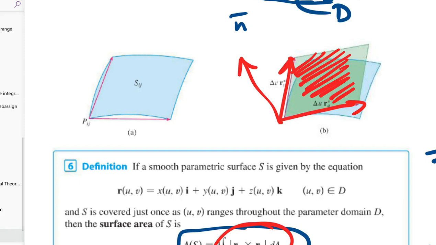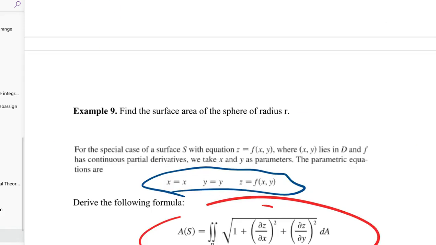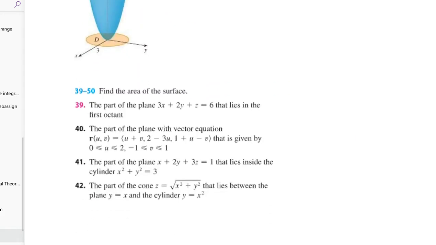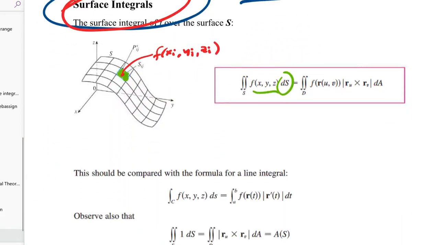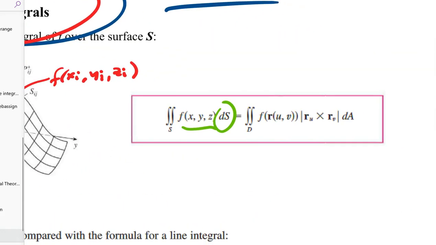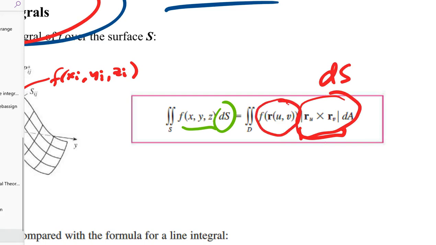That gave you your n, and then you found the magnitude of n to find the area of the surface. So we're going to multiply the area of the surface times your function value.